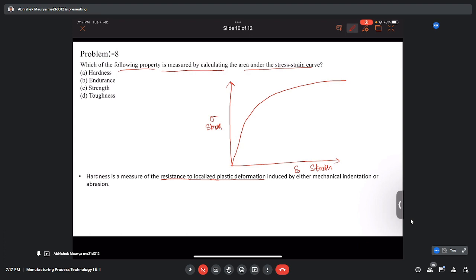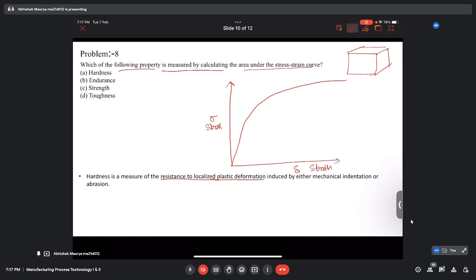Let's quickly see how we make a stress strain curve. Can any of you tell? Suppose we are given a material. Let's say I have given you an iron block, and I ask you to please make the stress strain curve of this material. So what will be your approach? How will you make it?